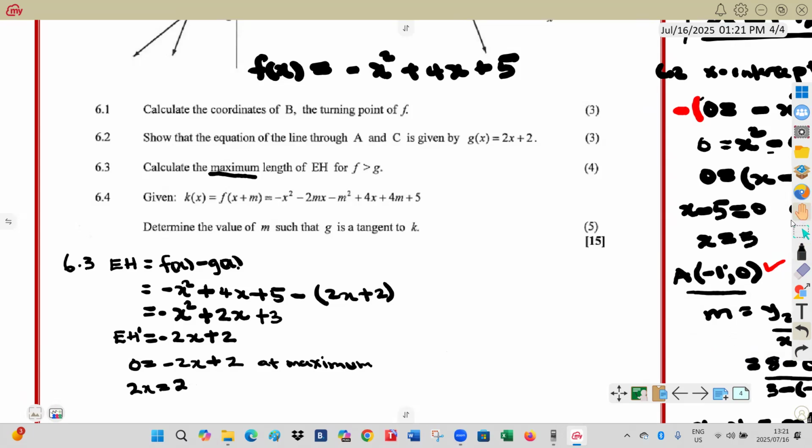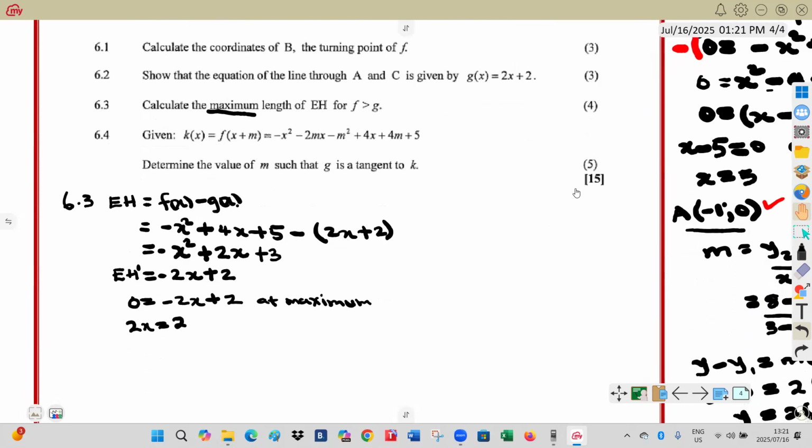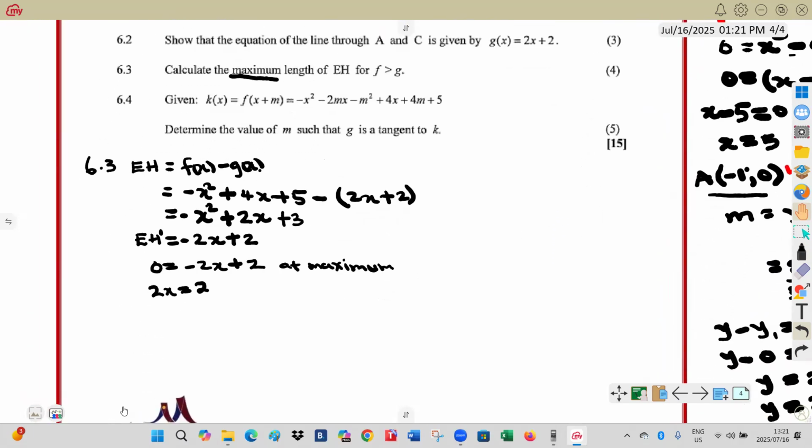Then our x will be equal to, take note, it therefore means our x will be equal to 1. This is after dividing both sides by 2.